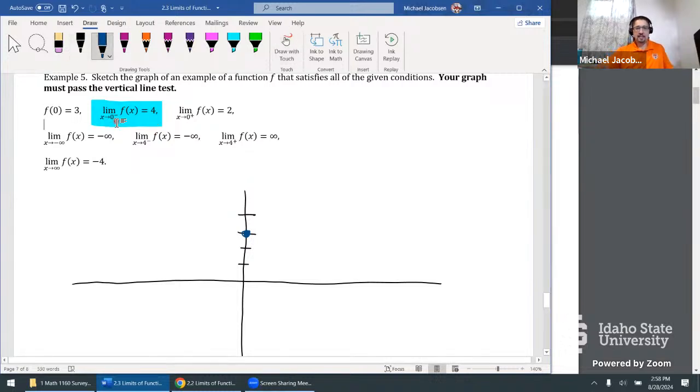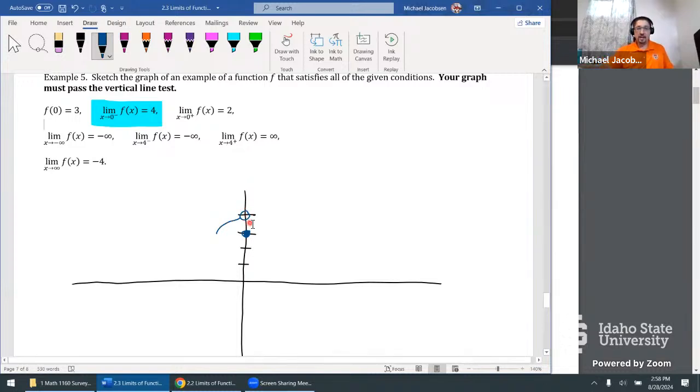Next, it says as we approach 0, that means we're on the x-axis, heading towards 0, right where the origin would be. But as the x-coordinate gets closer and closer to 0, the height must be getting closer and closer to 4. What we now must put here is an open circle on the graph. And your curve can be coming up and in like this or down. It just has to approach the height of 4. I'll make mine come in about like this.